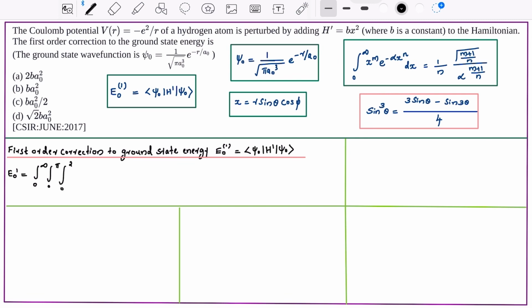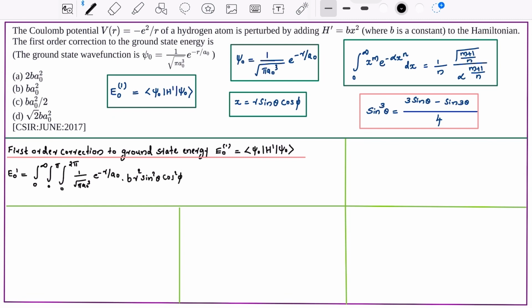the integral 0 to infinity, integral 0 to pi, integral 0 to 2 pi. What is psi 0? 1 by root of pi a0 cube e raised to minus r by a0, which is the ground state wave function. Then H' that is Bx². Now instead of x, write x equal to r sin theta cos phi.